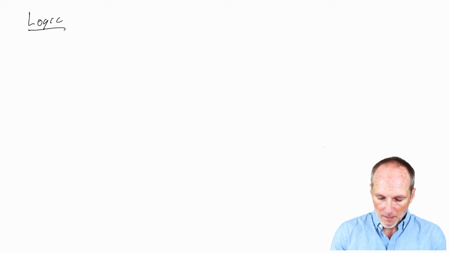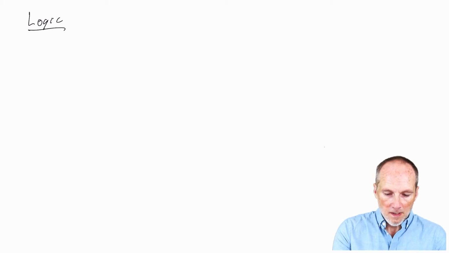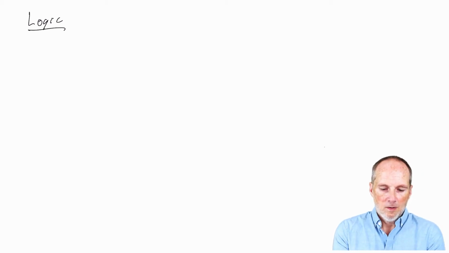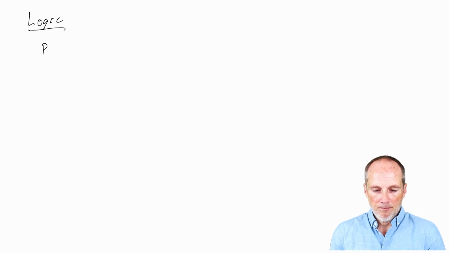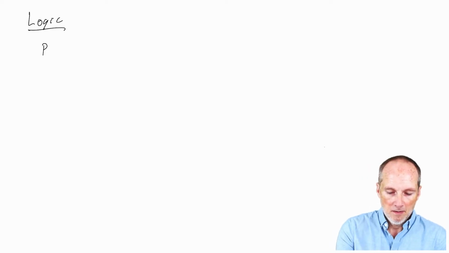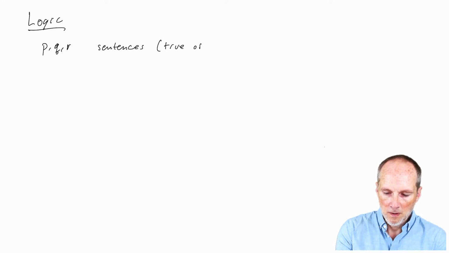So in logic, we don't want to write out sentences like that all the time, and we want to be very general. So we have this notation. I'll use lowercase letters like P or Q or R, and those will just stand for these sentences. They're either true or false, but not both.